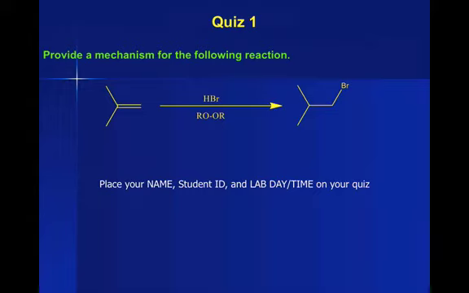And so now this radical reacts with what? To give me my product. What does it react with? What does it need? It needs a hydrogen. Where can it get it?